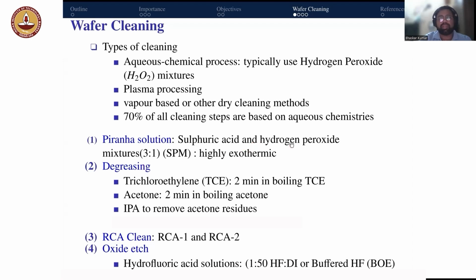For instance, in cases where we do some processing steps and the photoresist has been hardened and is not getting removed by the acetone, or in cases where the silicon sample has visibly heavy organic impurities that are not removed by the normal degreasing procedures.